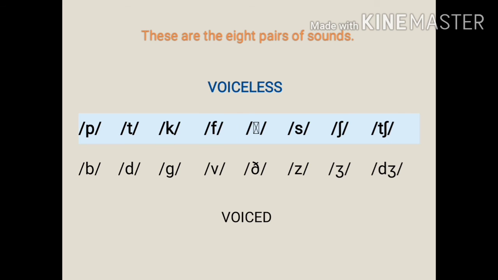Here are the 8 pairs of sounds, voiceless and voiced: p, b, t, d, k, g, f, v, th, th, s, z, sh, zh, and ch, j. These are the 8 pairs of voiceless and voiced sounds.